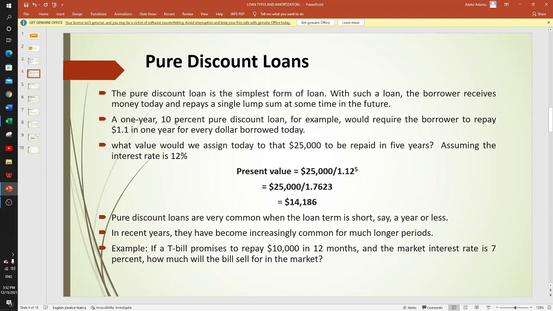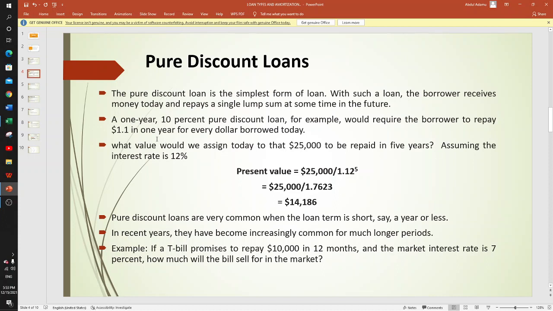A 1 year 10% pure discount loan, for example, will require the borrower to repay $1.10 in 1 year's time. So if you take $1 and the interest is 10%, they will give you $1 today and you pay $1.10 a year after. So what value would we assign to $25,000 to be repaid in 5 years? This is the future value.